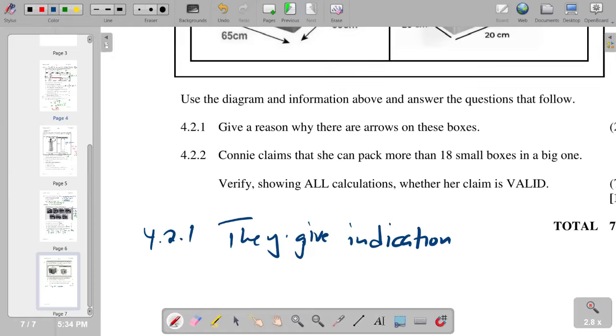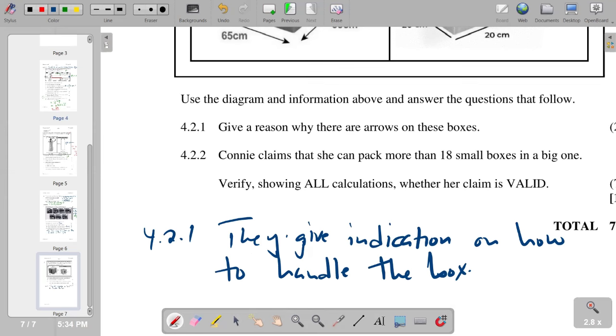So they give indication on how to handle the box. So this is what we have on this part.